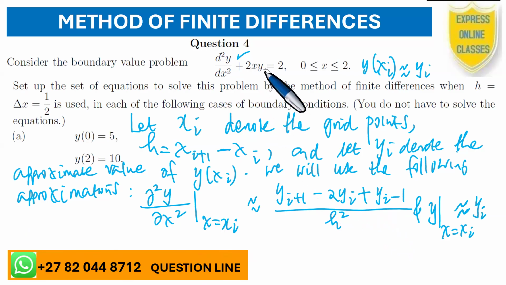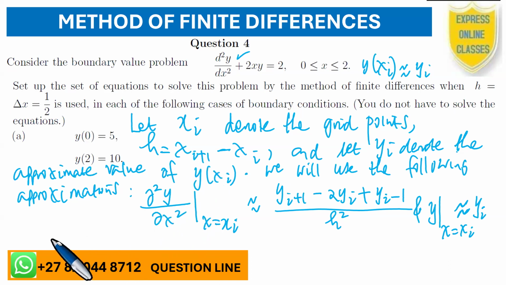And the formula for y, because we convert everything to what we call a difference equation. So here we have to replace the second derivative by this. The y will be replaced by yi, the x will be replaced by xi. I'll be interested in writing this very clearly to introduce our notation.